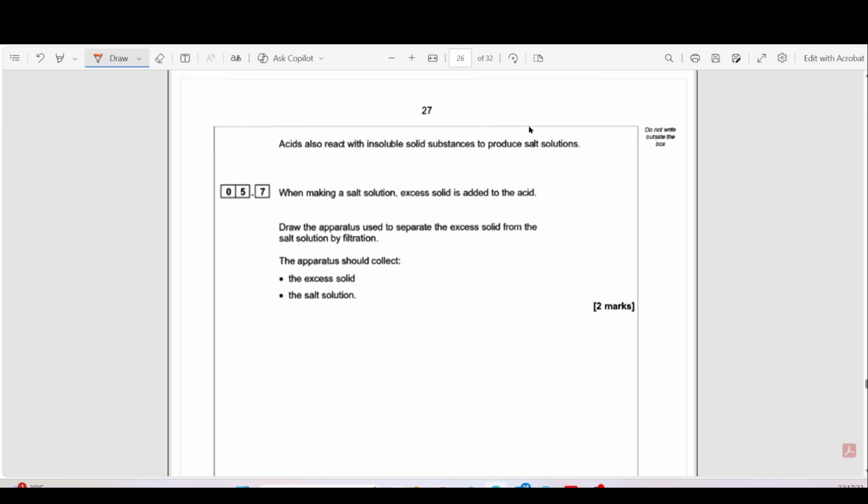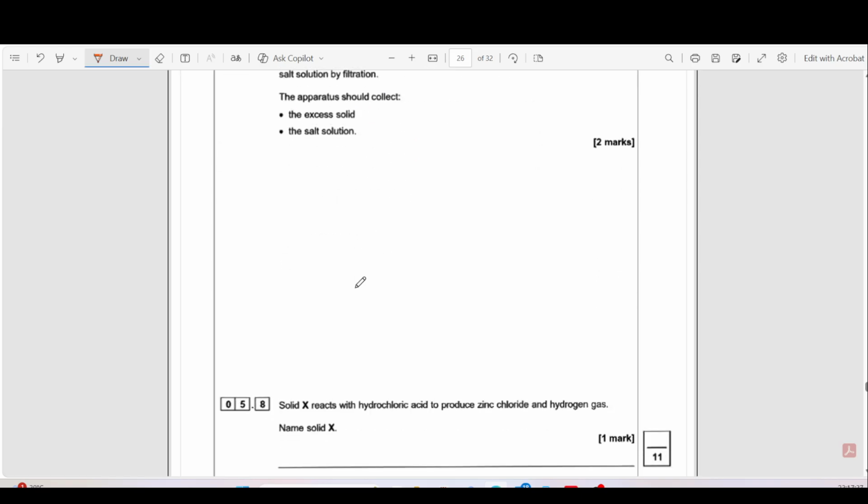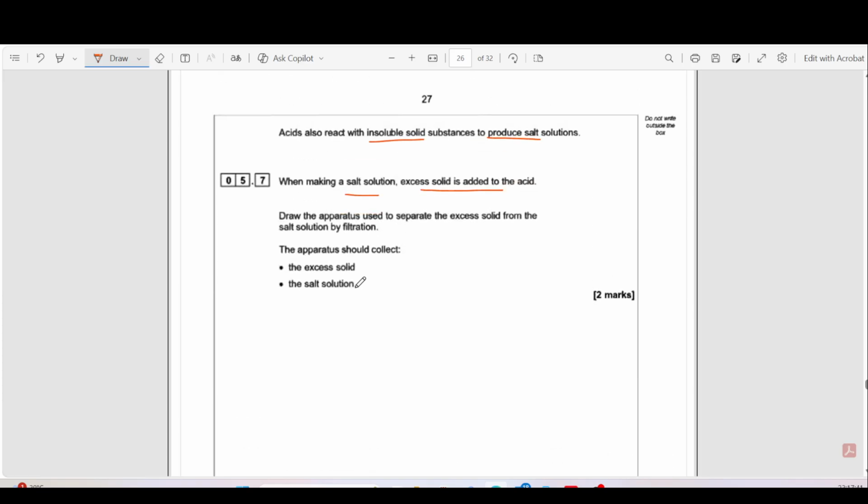Okay, next one, acid also reacts with insoluble solid to form a salt solution. When making a salt solution, excess solid is added to acid. Draw the apparatus used to separate. Basically, to separate insoluble solid from liquid, you can use a filtration setup, right?